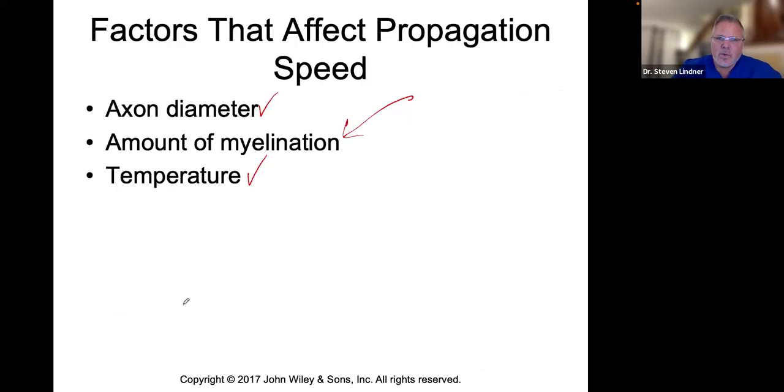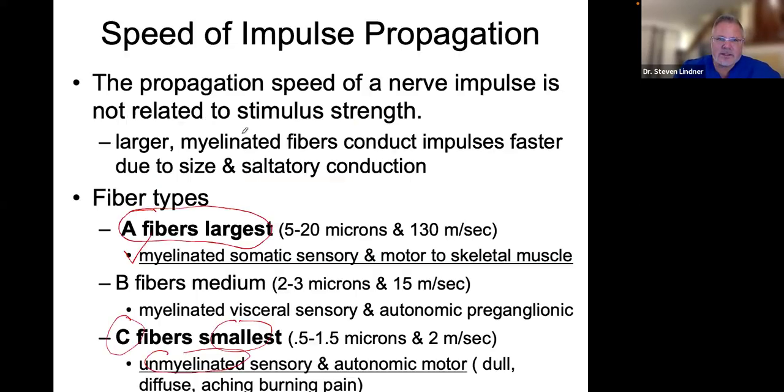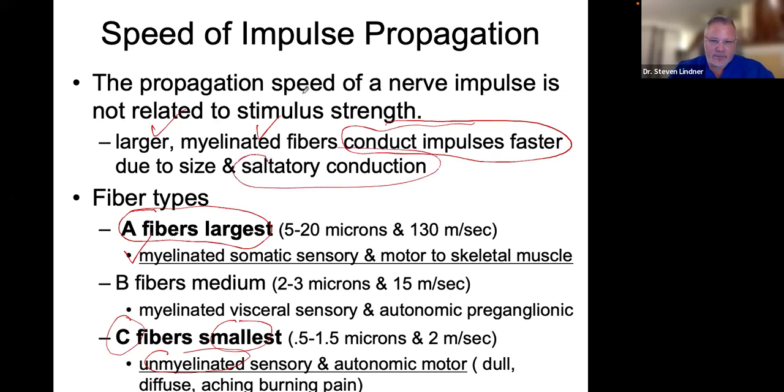So which is going to be the faster ones? Well, the larger, more myelinated fibers are going to conduct the impulses much, much faster. We know that the myelinated is going to use that saltatory conduction. So the A fibers, these are the largest.